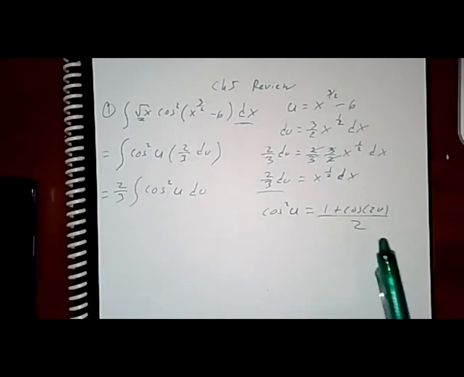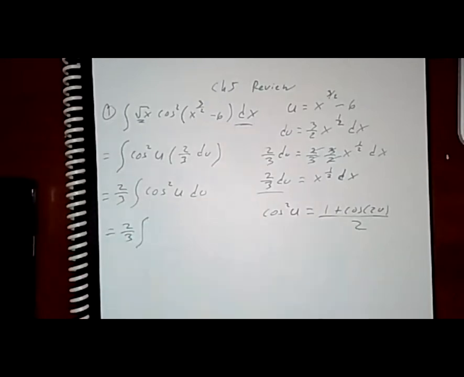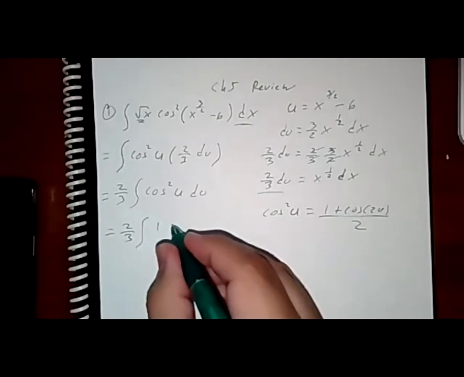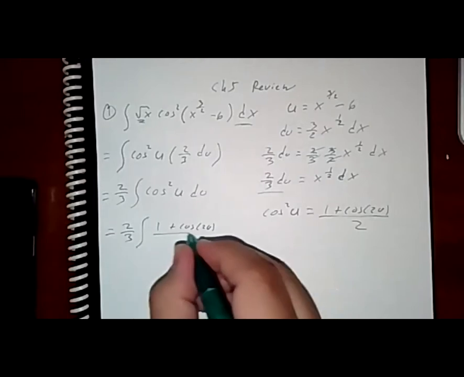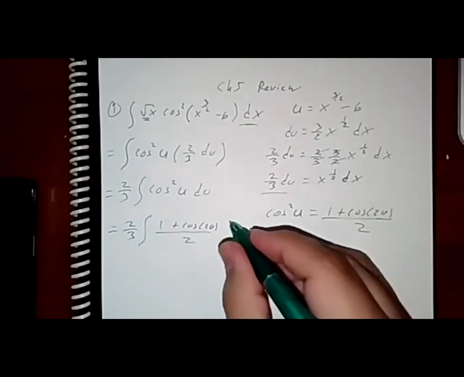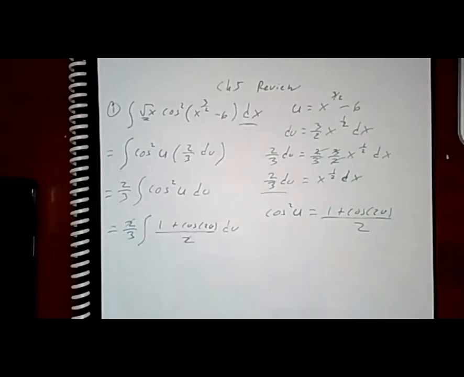So I can integrate this, no problem, right? That'll be 1 plus cosine 2u over 2 du. So these 2's are gone.